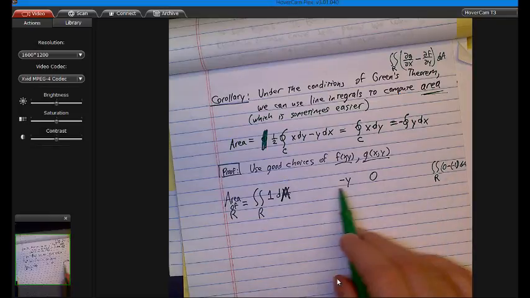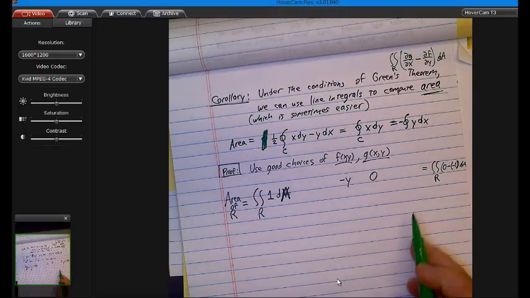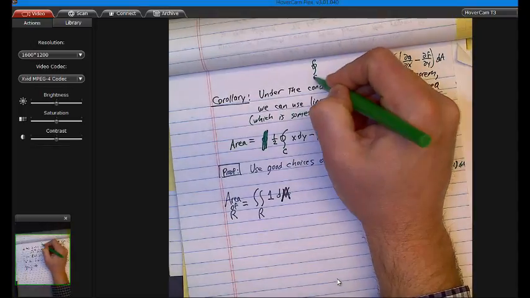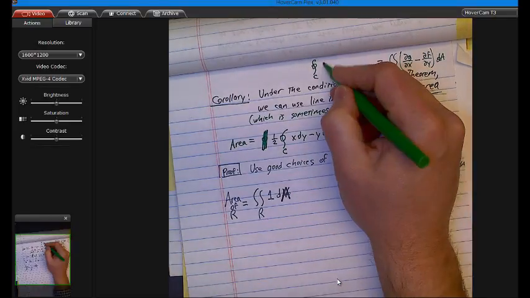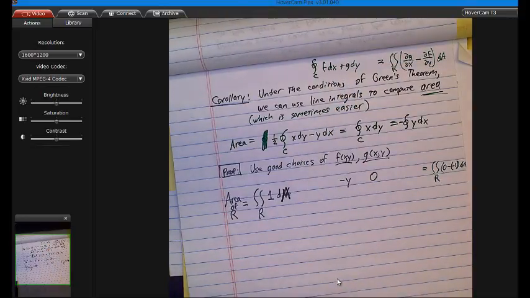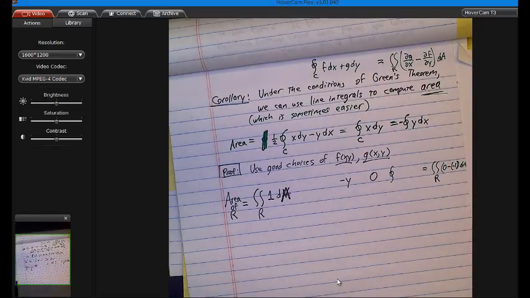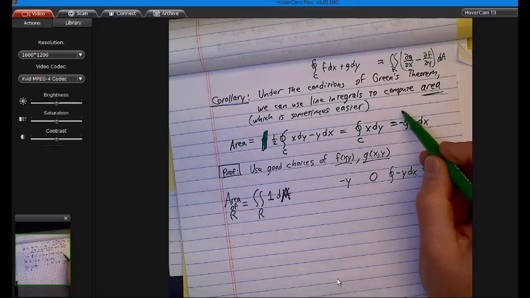So if I'm clever about my choices, I can compute area this way. Now, what does the left-hand side of Green's theorem say? It says you have a line integral of f dx plus g dy. So what would that be in our example? We have the closed line integral of negative y dx, which is what I said right here.